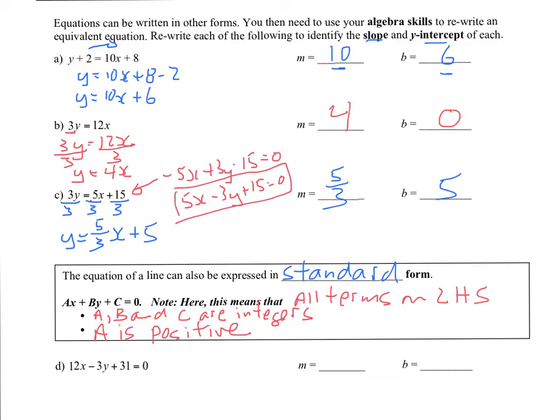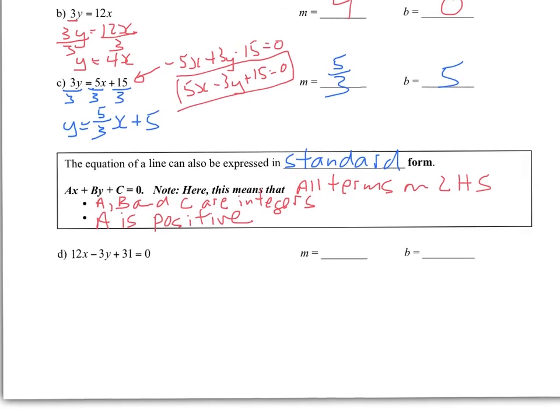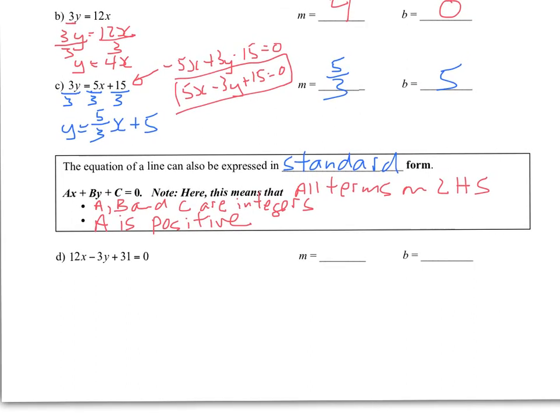Now we have one last example down below to look at. Here it is in standard form. A is positive and everything else is an integer, so everything's good there. But now I've got to work it out to find the m and the b.